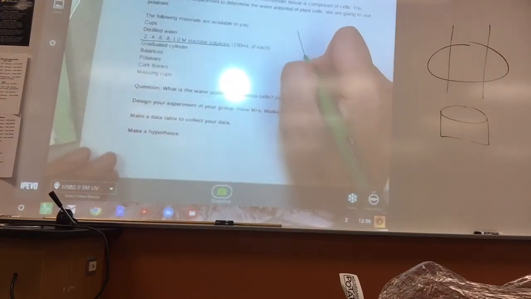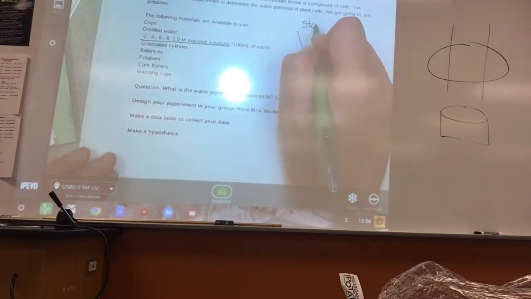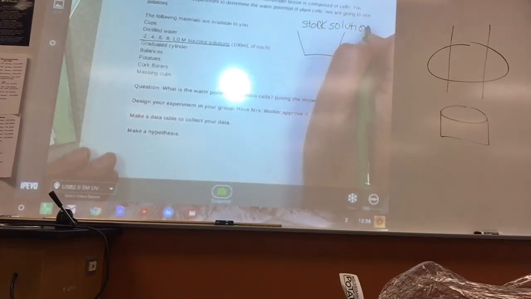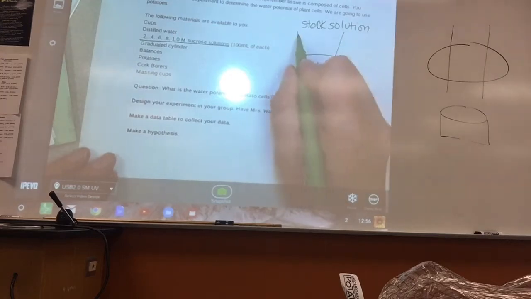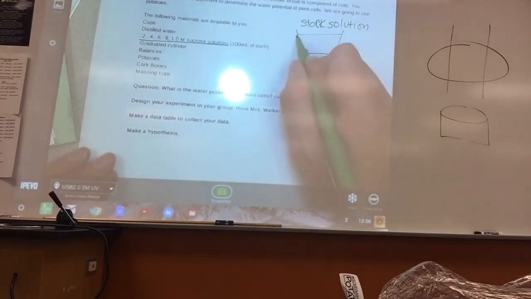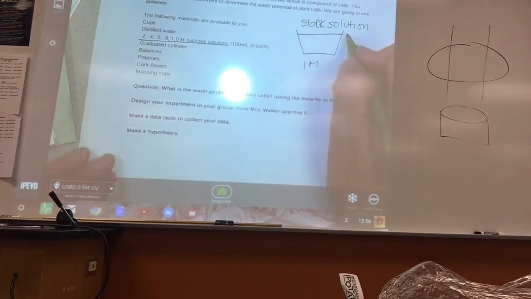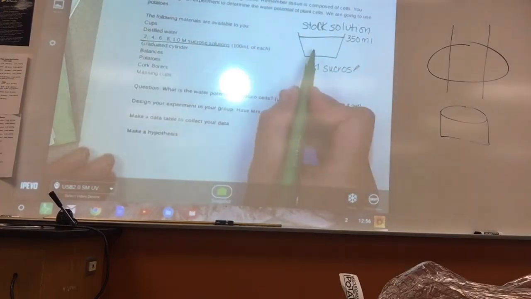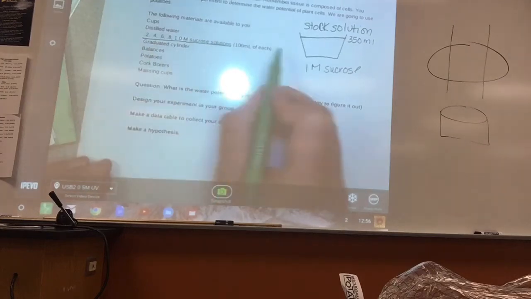What I am going to give you is a stock solution in a cup of a 1 molar solution, probably a little over 300, maybe about 350 milliliters of a 1 molar sucrose solution. Out of that 350, and you're going to have distilled water, you're going to dilute it.